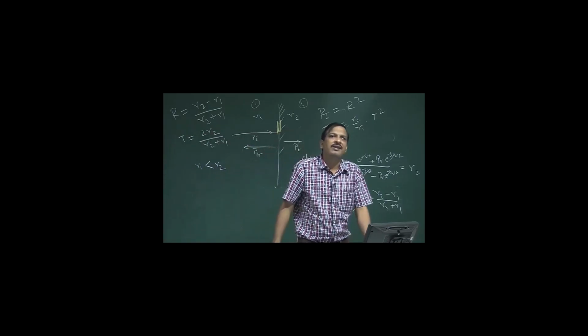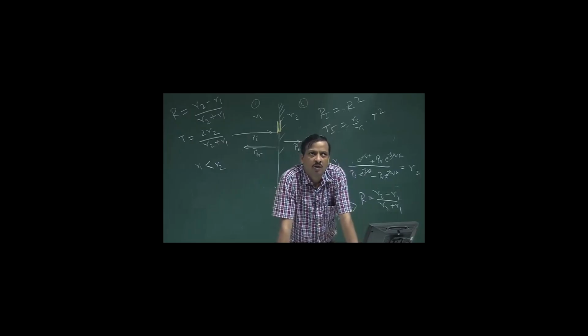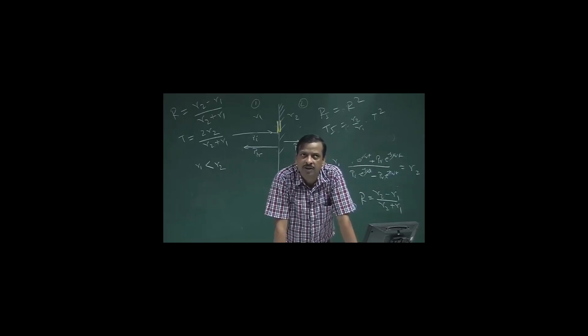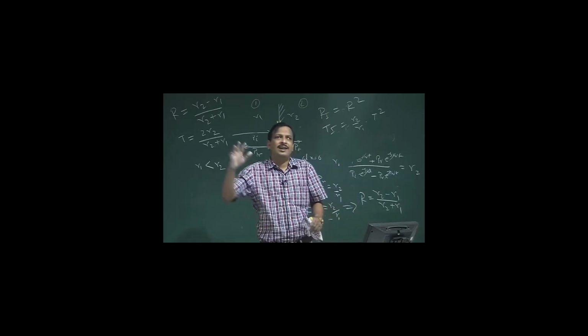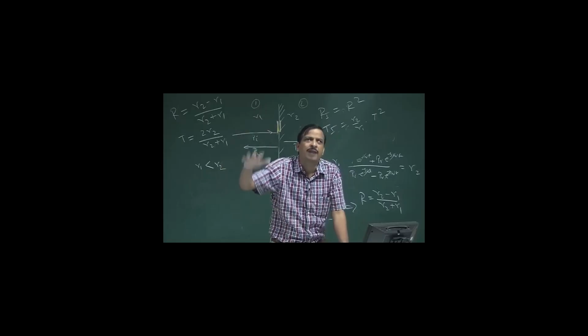The first condition is that R1 is less than R2. What do you mean by R1 is less than R2? The characteristic impedance of the first medium is less than the characteristic impedance of the second medium. For example, a wave is transmitted from air to a concrete wall.